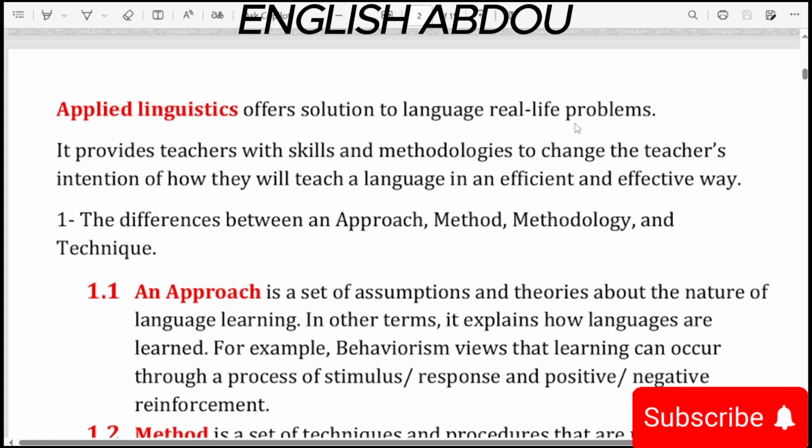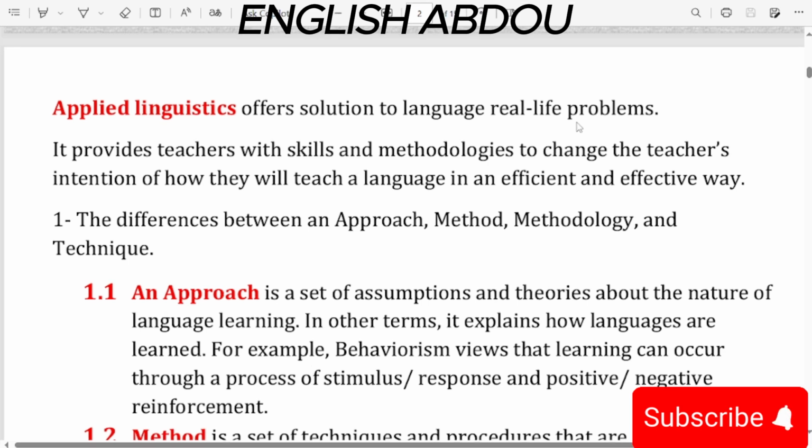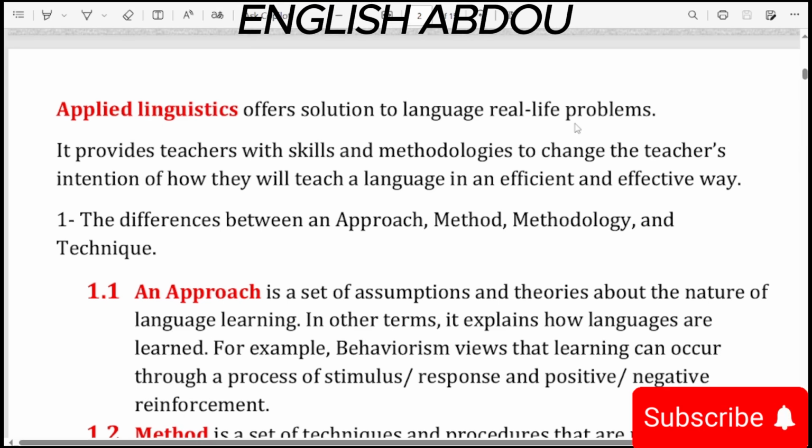Why am I telling you this? Because on the day of the exam, your teacher might ask you to write an essay about the history of ELT here in Morocco, how ELT was developed until now, etc.